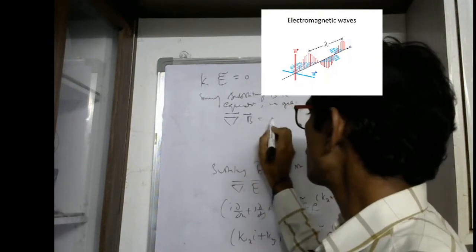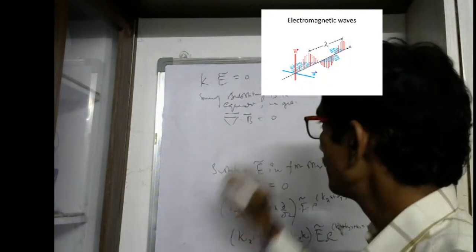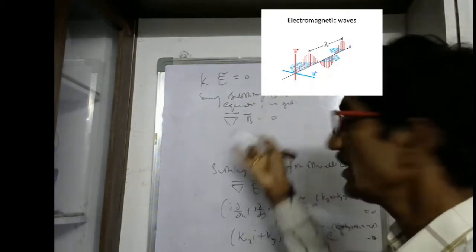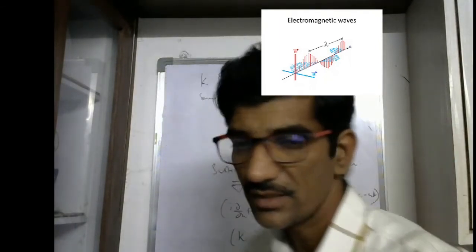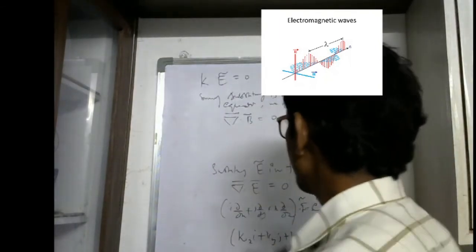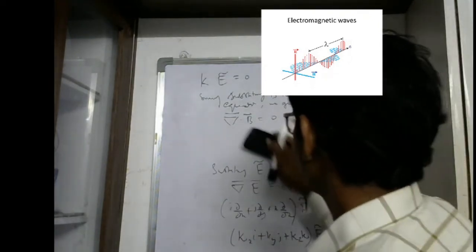Del dot B is equal to 0. Now for this case, why? Because B is similar to E, again you are doing the dot product. So if you want to, you can proceed in the similar manner, no problem.